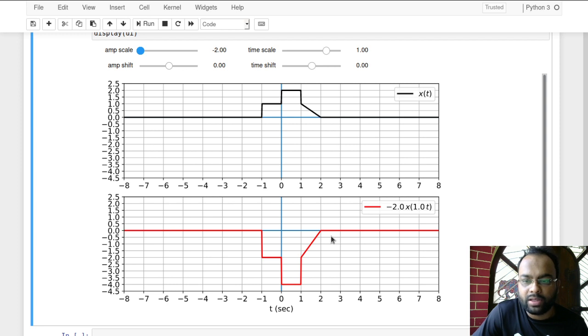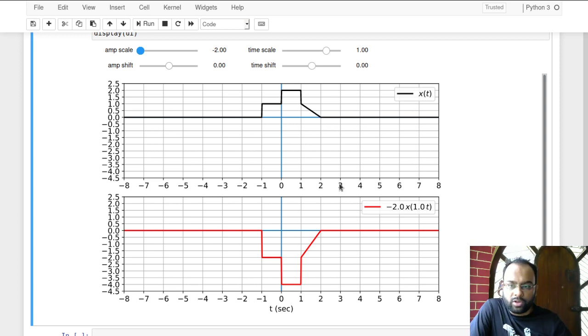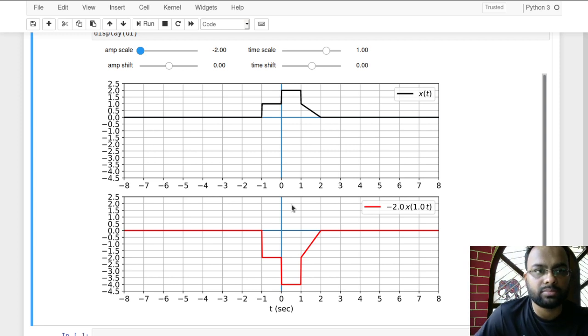And with this 2, all the amplitudes got multiplied by a value of 2. So whenever the signal had a value of +1 here, that became a -2. It had a +2 value here, it became -4, and so on and so forth. So all the amplitudes basically scaled with a -2.